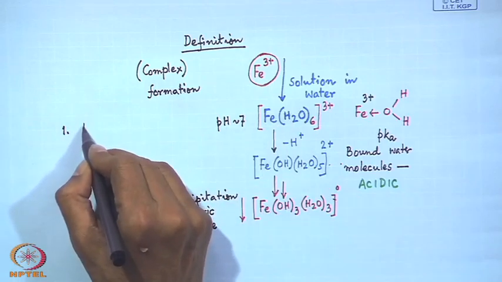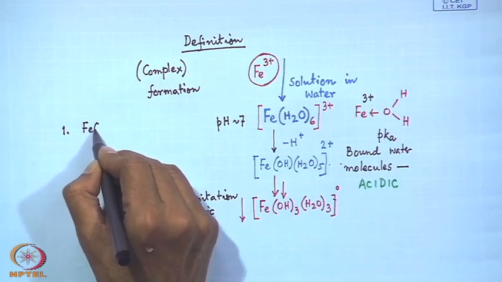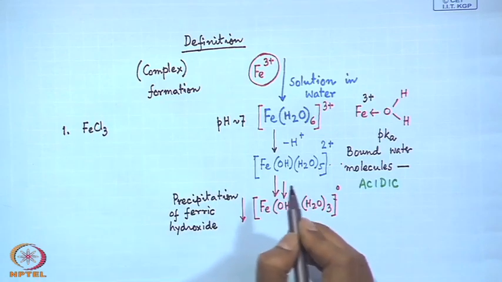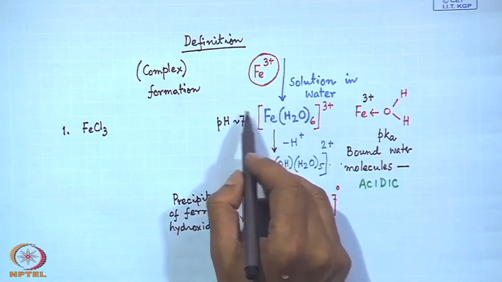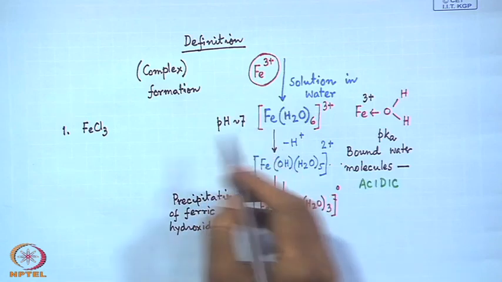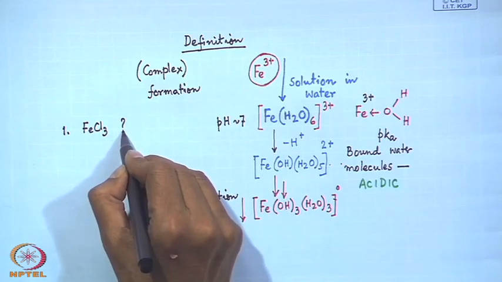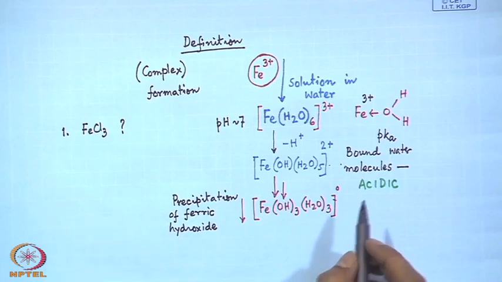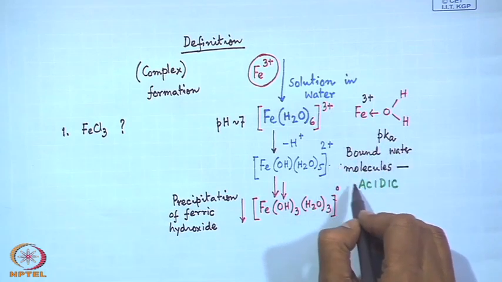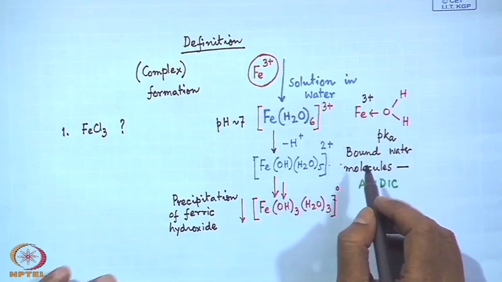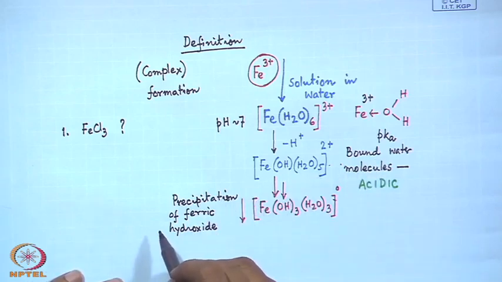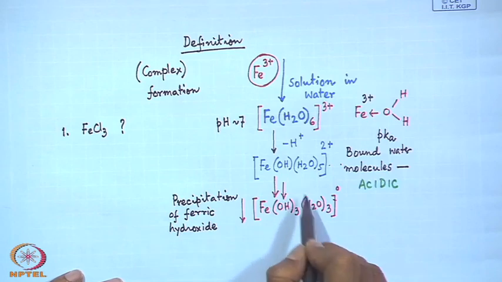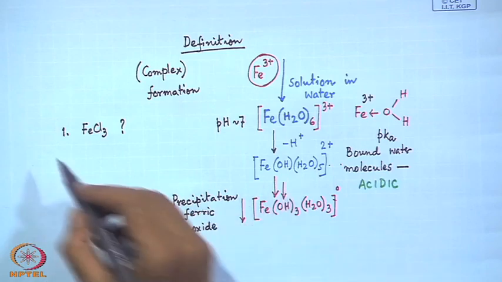This tells us something important: when we go for the dissolution of ferric chloride salt, is dissolution of ferric chloride in a solution where water is present at pH 7 possible or not? Because if this removal of protons is taking place, we will end up not with a solution of ferric chloride, but a solution of ferric hydroxide.